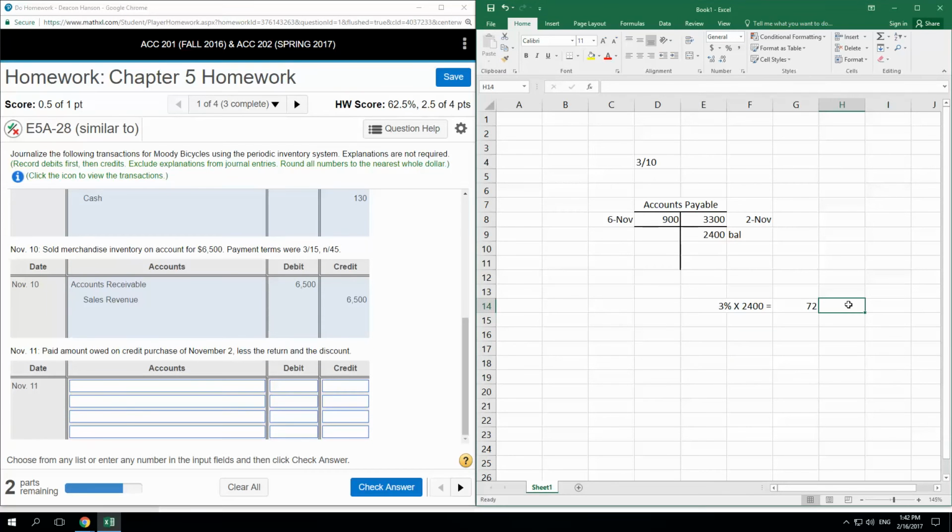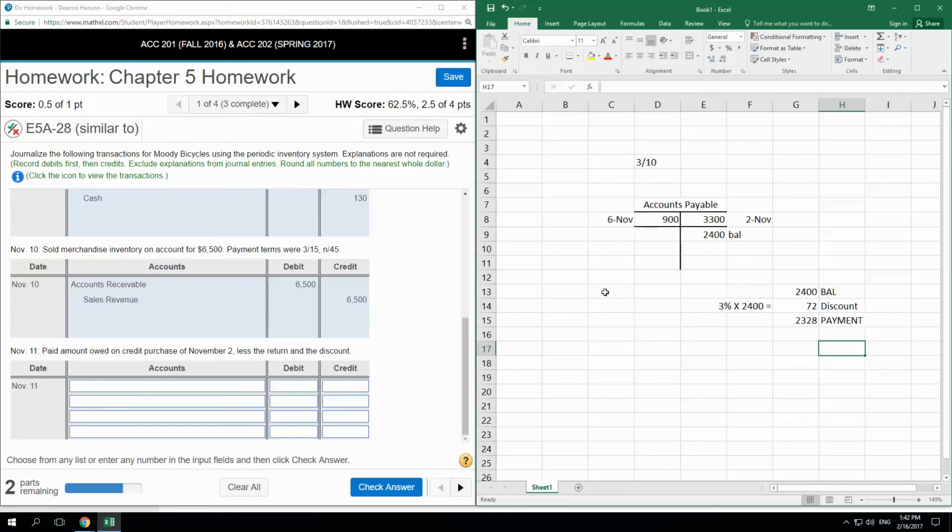So that's going to be the discount, if I can spell it correctly, okay? And then remember the balance is 2,400. If you subtract the discount, so 2,400 minus discount, that's going to be the payment amount. That's the payment that's going to be received or paid, right? That's what we're going to pay.